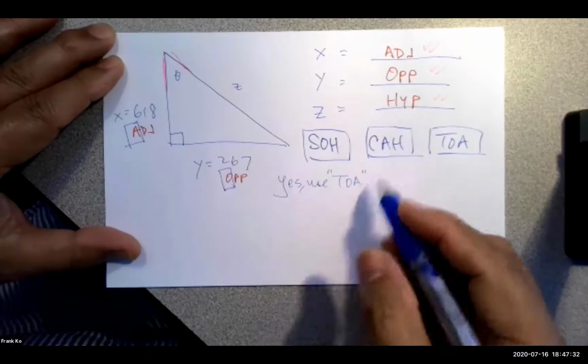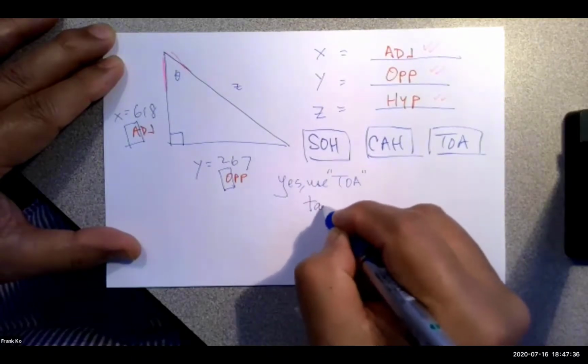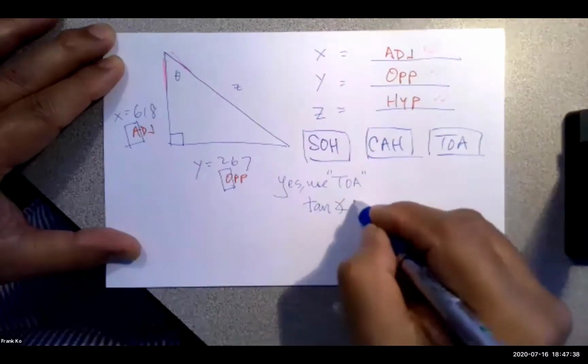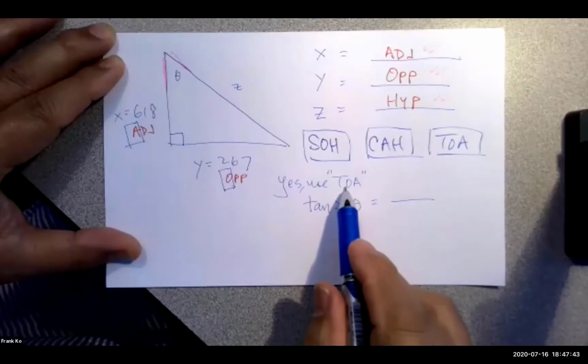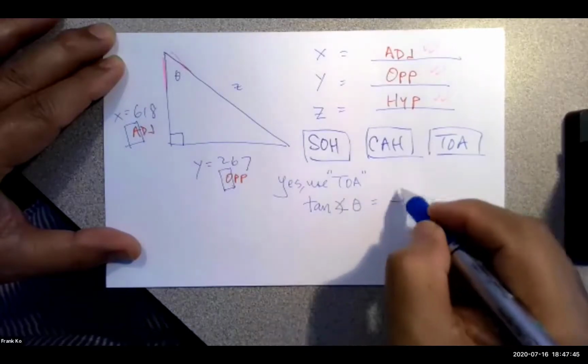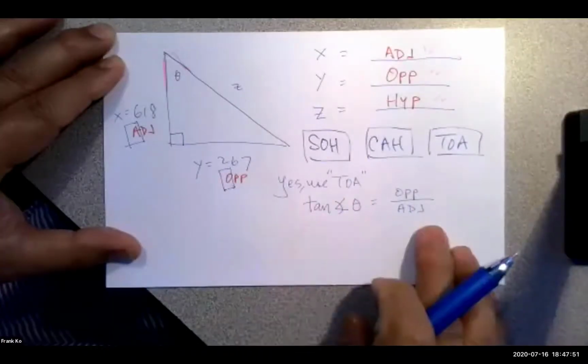So when we use TOA, we said that the tangent of an angle of theta is equal to a ratio O over A. What is O? Opposite. A is adjacent. So what I'm writing down is the general formula.